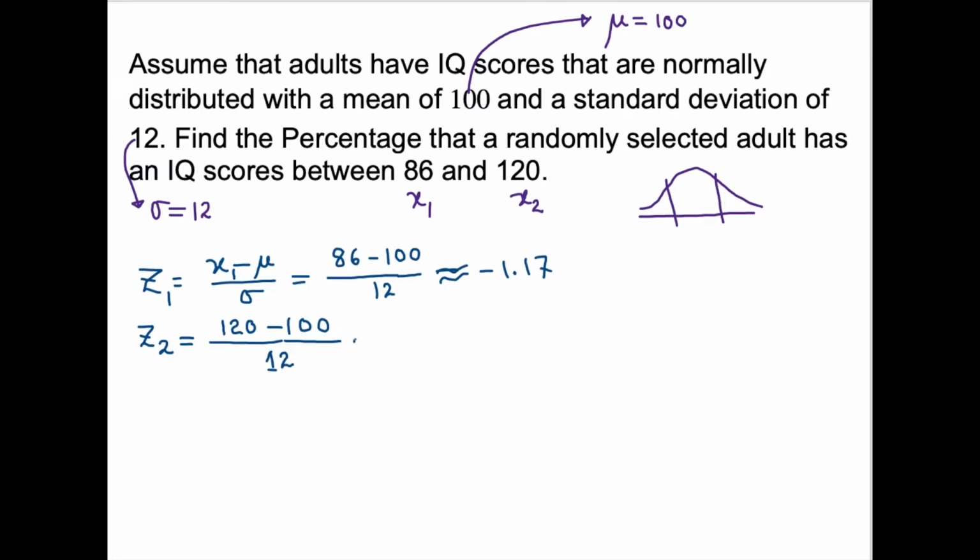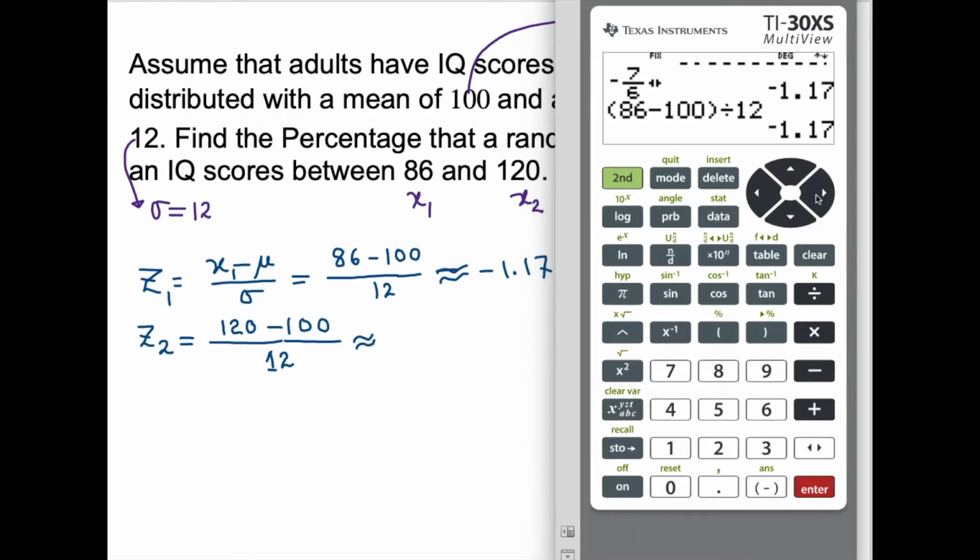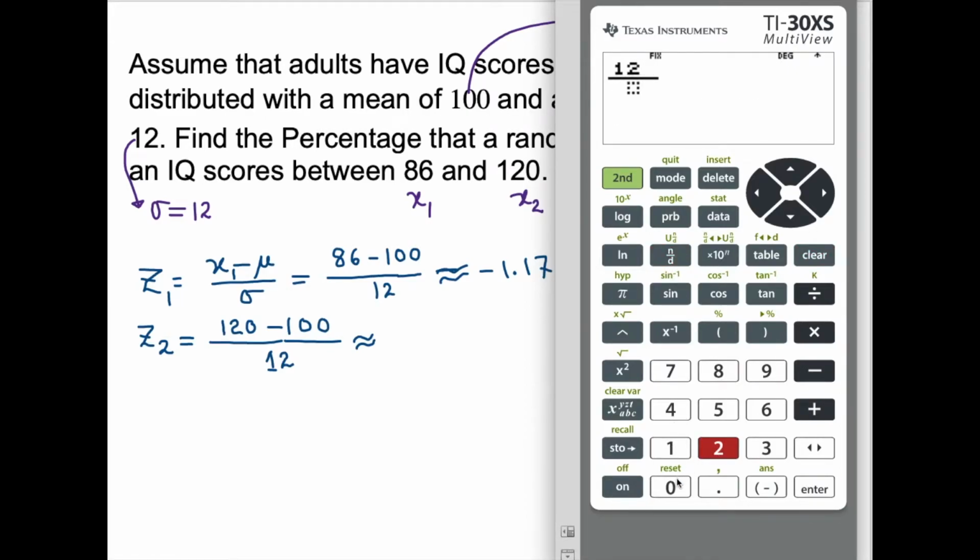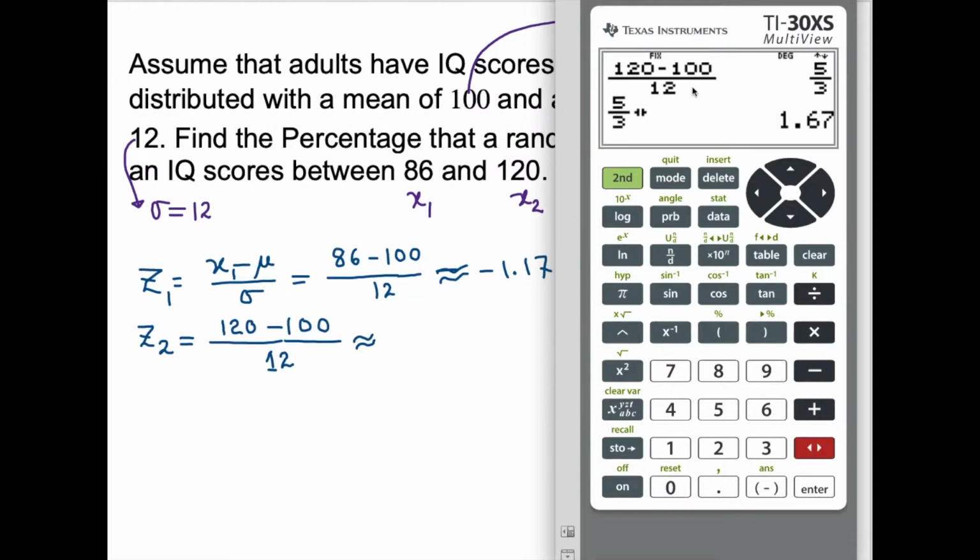Then we're going to use our calculator. If it comes up decimal, it is going to be approximate. So it's going to be 120 minus 100 over 12. My calculator is rounding for me, so I don't have to worry. If you see FIX, that means you're rounding somewhere, in this case to 2 decimal places.